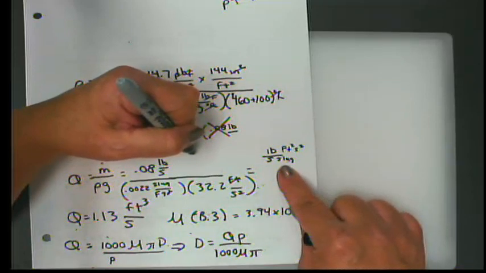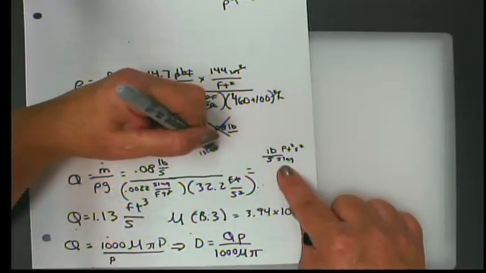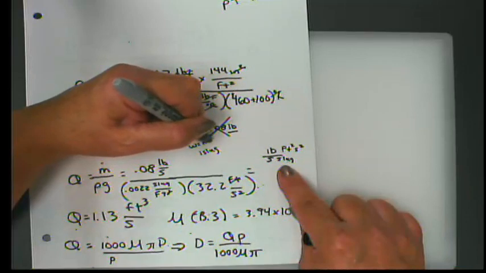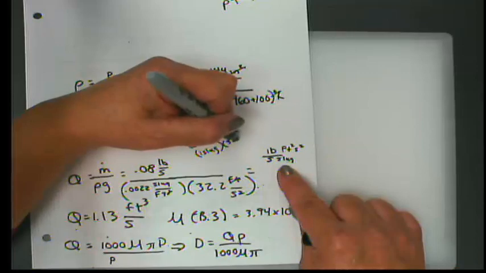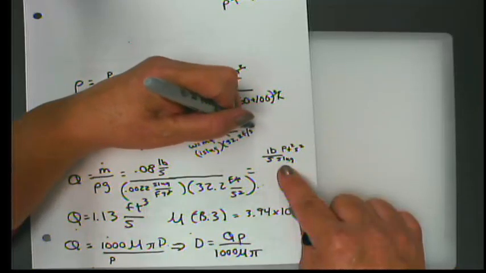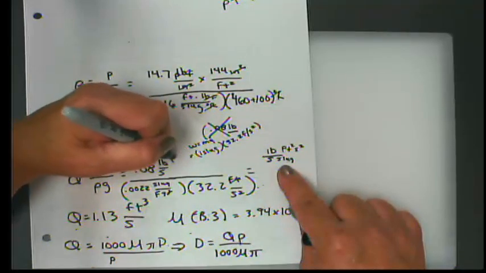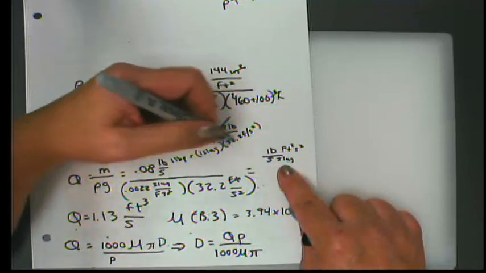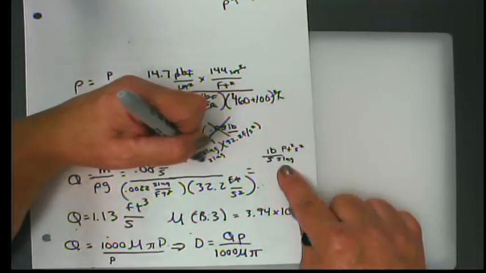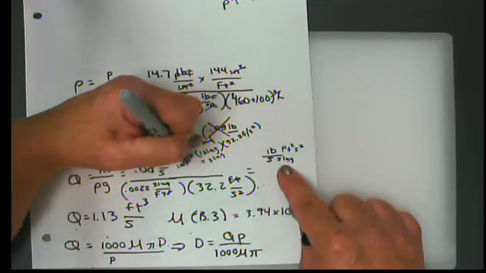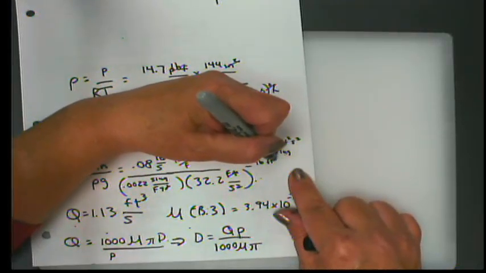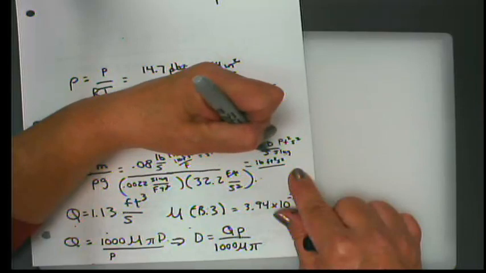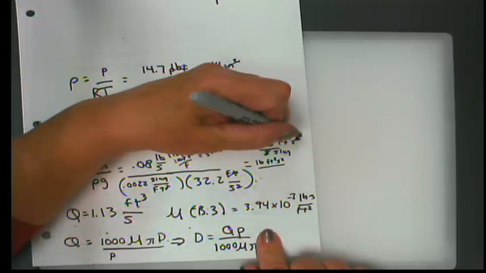I know that one slug, this is from Newton's second law of motion, weight is equal to mass times gravity. One slug accelerated at gravitational acceleration of 32.2 feet per second squared equals 1 pound of force, right? So I can write slug as being a pound of force second squared per foot. So to look at my conversion, oh, I left a second down here, so that's actually like that.